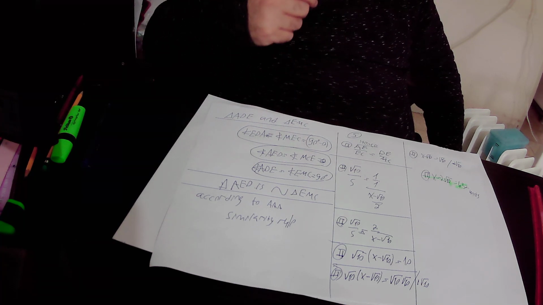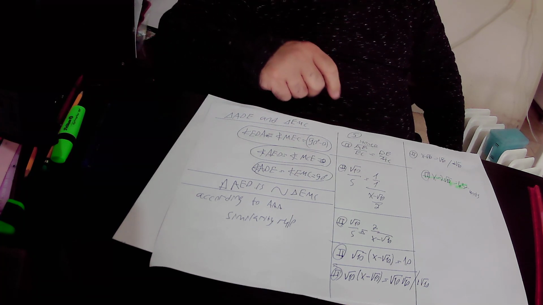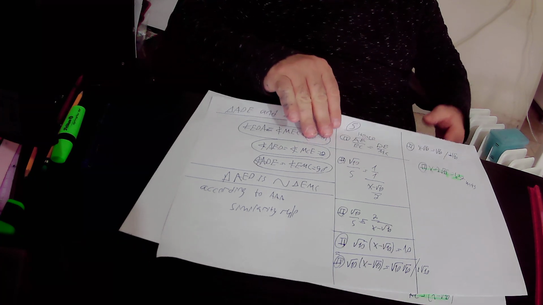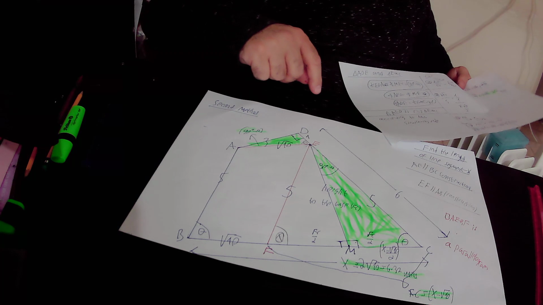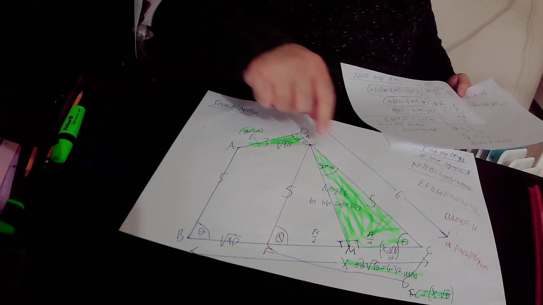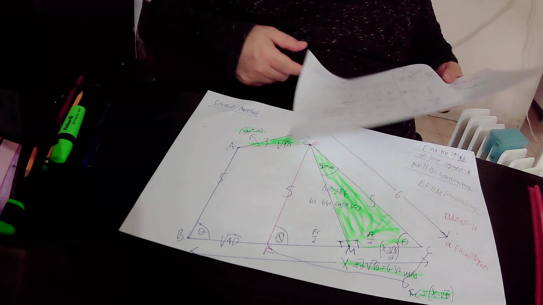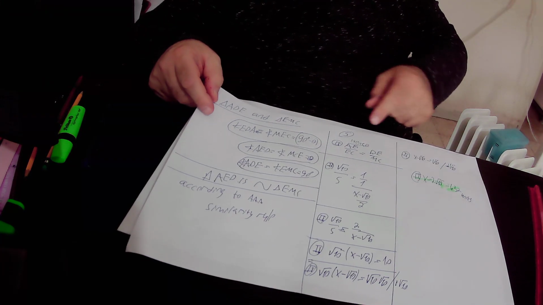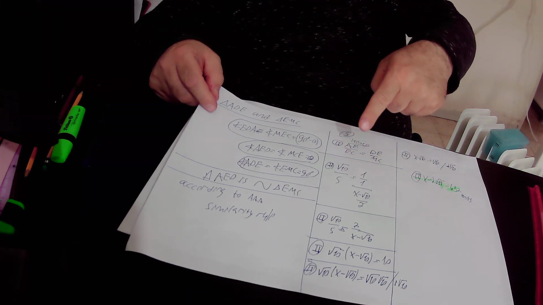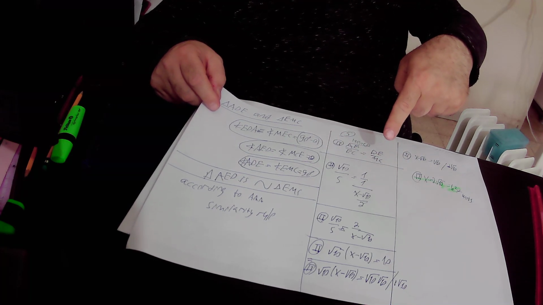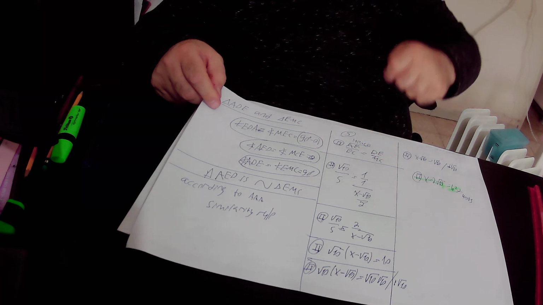And from that fact, we derive that AE over EC equals DE over MC. Okay, AE equals square root of 10 units, EC equals 5, DE equals 1, and MC equals X minus square root of 10 over 2.